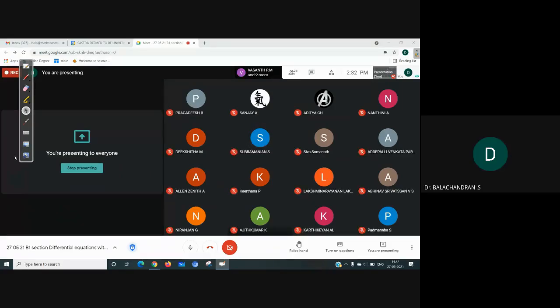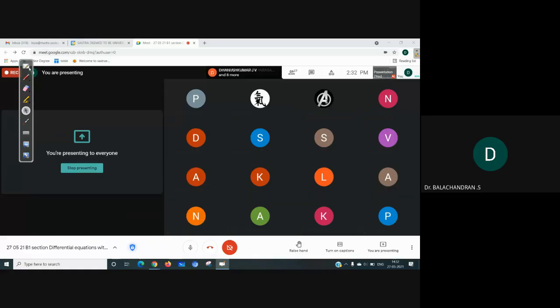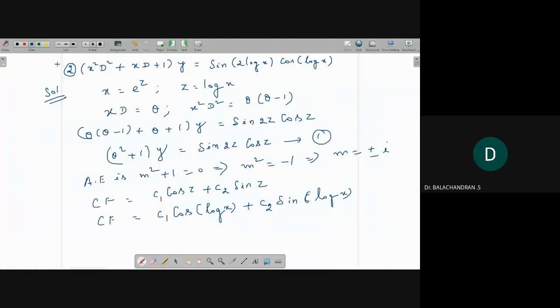Sorry, type 2 is correct. So you should use the trigonometry result 2 sin A cos B. If you use 2 sin A cos B, you will get what? Sine of A plus B plus sine of A minus B, and then you can get it. I think you predicted type 2, that is correct.